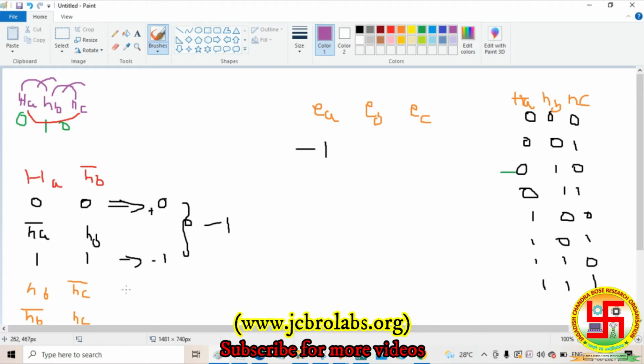HB is 1, HC bar is 0 bar, 1. HB bar is 1 bar, 0. HC is 0. So here you will get 1 1 and here 0. Keeping this one as an AND gate, you will get 1. Then HC, HA bar are both 0 0. So induced EMF A, induced EMF B, induced EMF C.